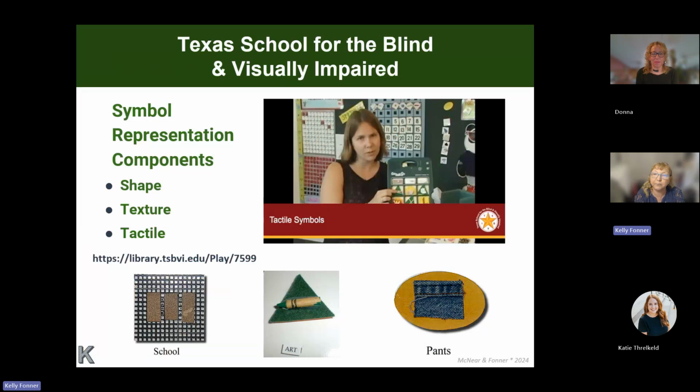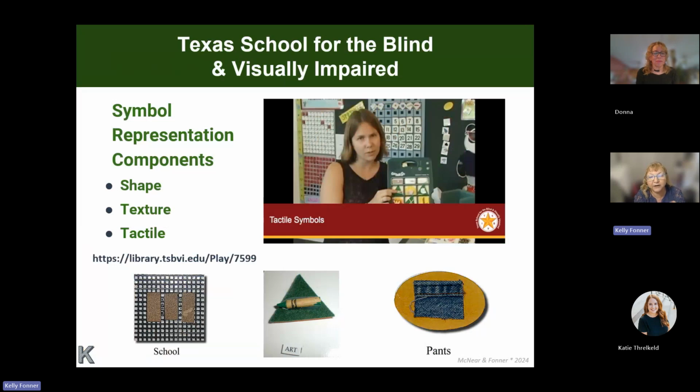The square shape represents place, the triangle shape represents action, and the oval shape represents a thing, an object, an item. The texture also helps represent whether it is a place, an action, or an item.